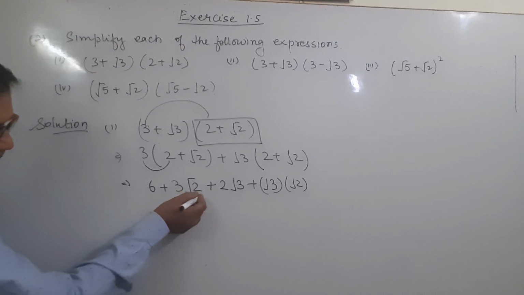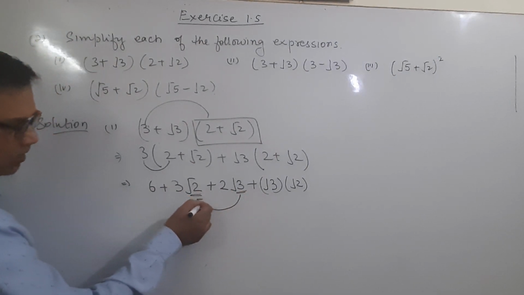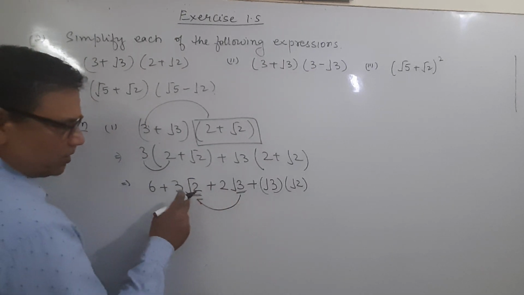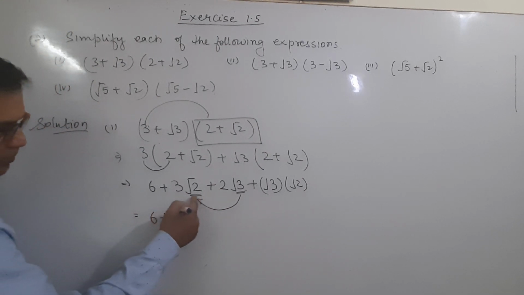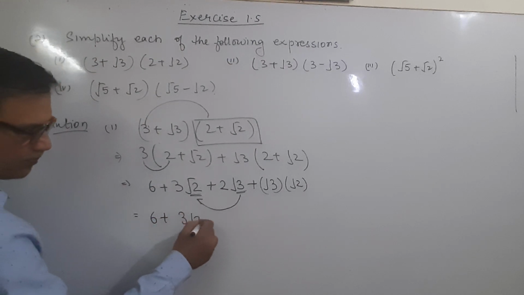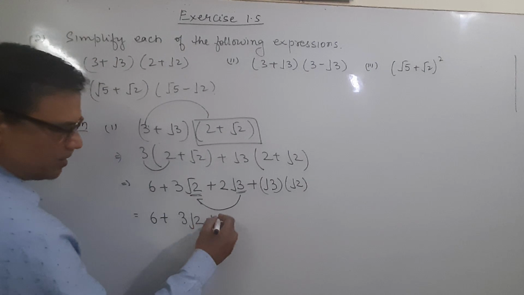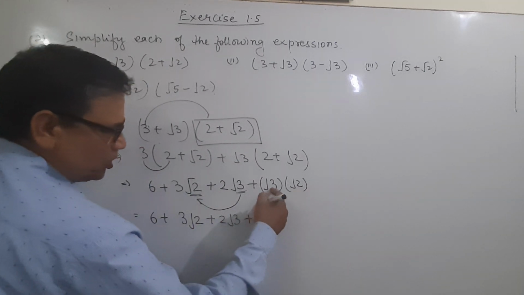This is 3 root 2. Here is 2 root 3. Both are not like terms. If they are not like terms, addition is not possible. What is left now? 6 plus, this will be the same, 3 root 2, plus 2 root 3. No addition will take place. Write the same, 2 root 3, plus root 3 into root 2.